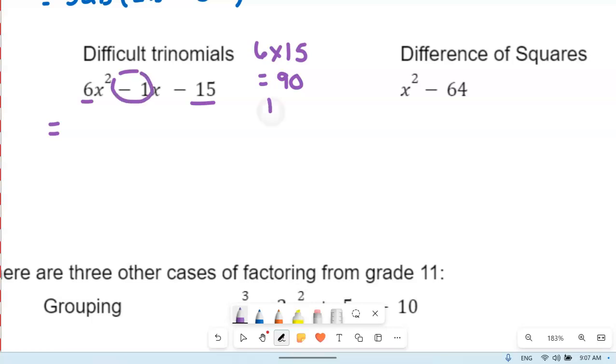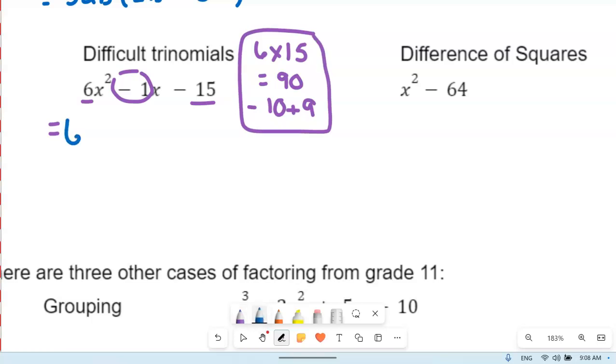And so that must be 10 and 9. And because I want it to be a negative 1, I'm going to have a negative 10 and a positive 9. So this we kind of do off to the side. Then we're going to rewrite this expression.